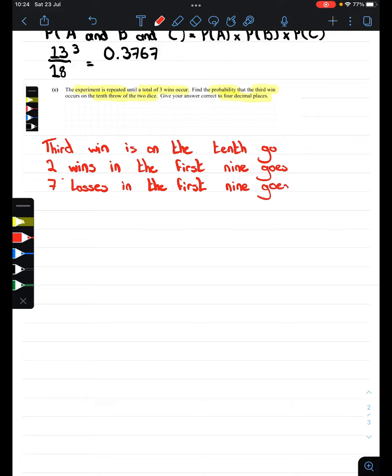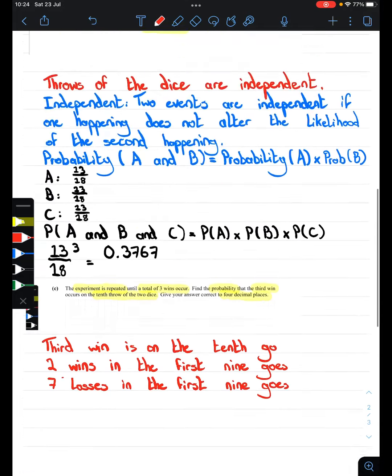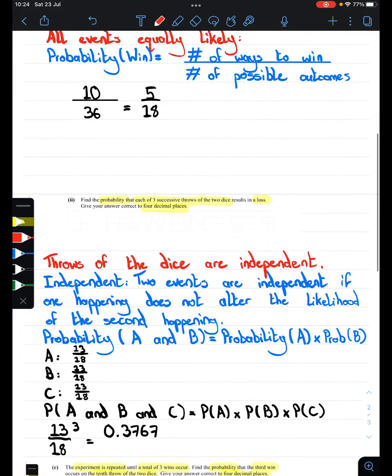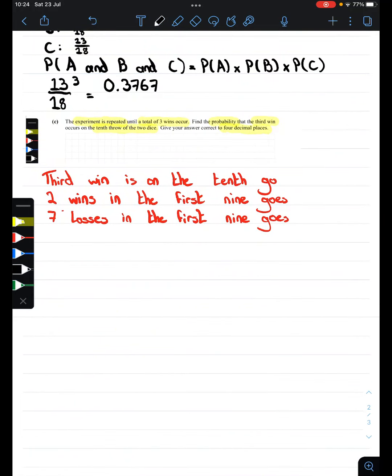Well, what's the probability that that would happen? We've got 2 wins, and remember these are independent, and the probability of a win is 5 over 18. So these 2 happen, so we've got 5 over 18 squared. And then we've also got 7 losses. So we have 13 over 18, not squared, sorry, to the power of 7.